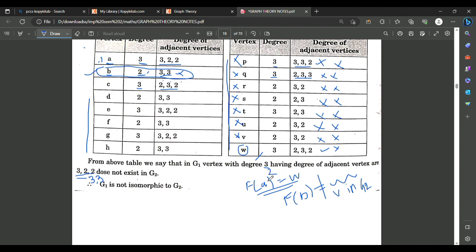But we can also write it as degree 2 having adjacent vertices of degrees 3, 3 does not exist in G2 and therefore G1 is not isomorphic to G2.